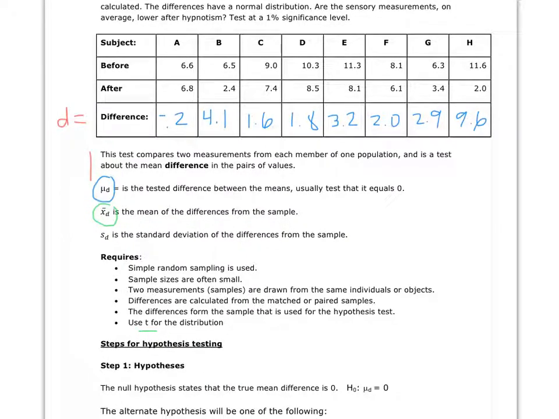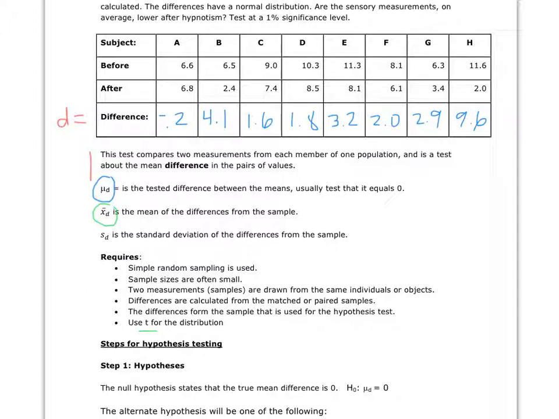We want to keep in mind that a lower score means less pain. So a positive number here means a decrease in pain, because we're going from a higher number, higher pain, to a lower number, lower pain. Those are the individual differences.